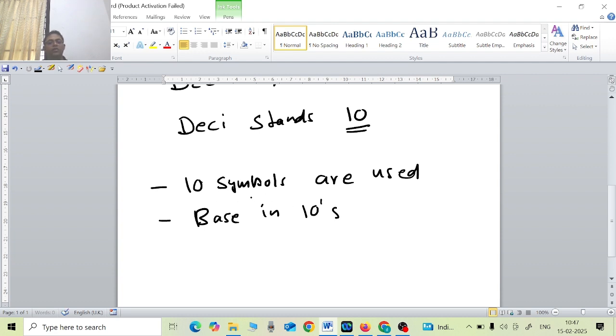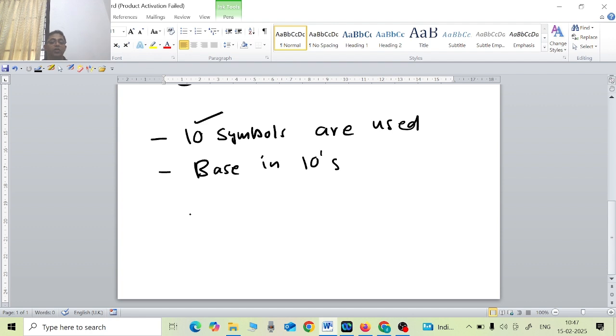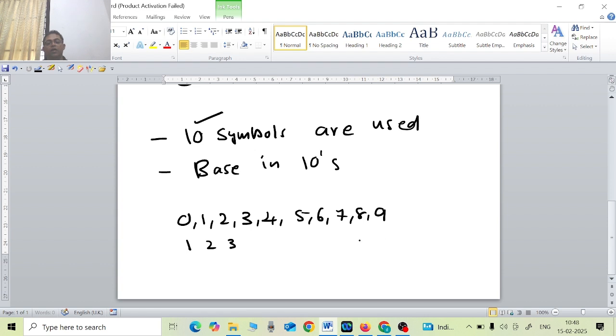Now we will see what is meant by the 10 symbols. Which are the 10 symbols or digits used in a decimal number system? It is 0, 1, 2, 3, 4, 5, 6, 7, 8 and 9. Altogether it is 10. 0 is the first digit or first symbol, and 9 is the 10th symbol.